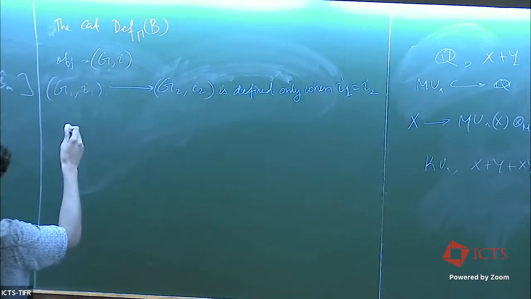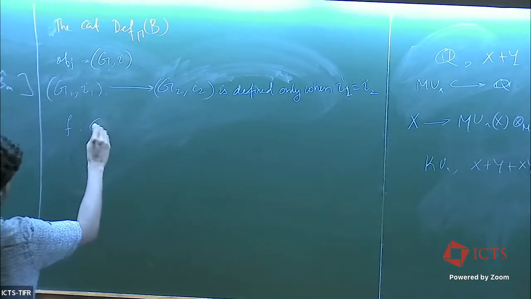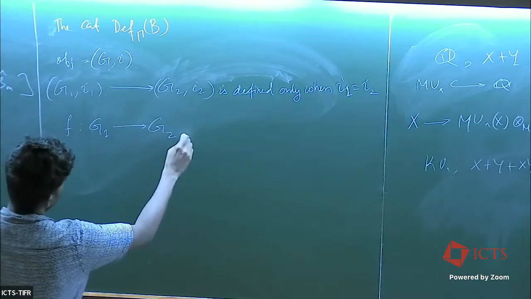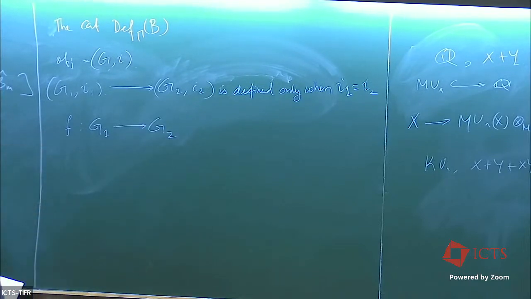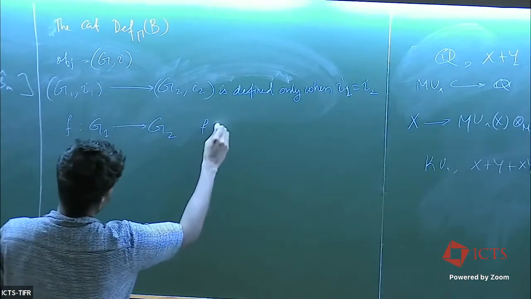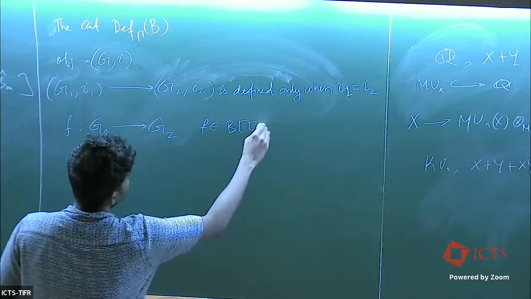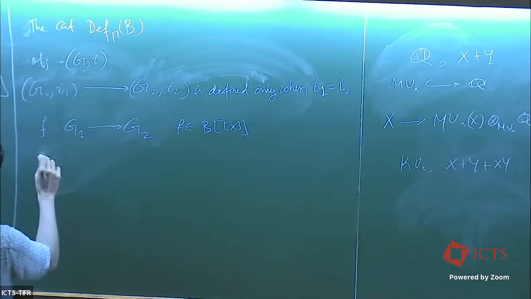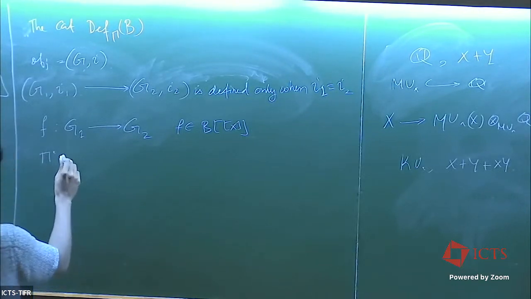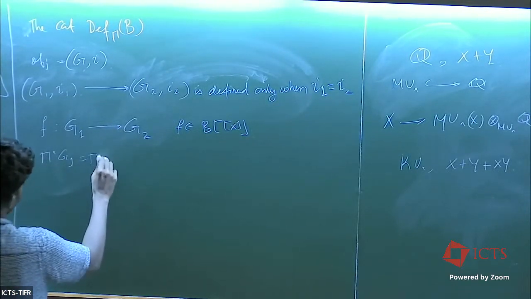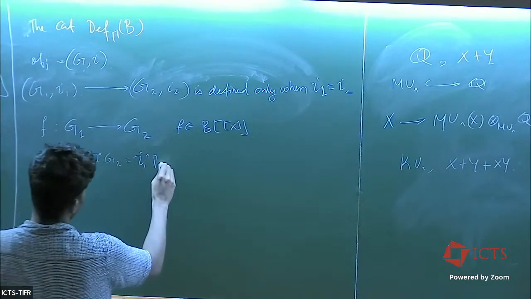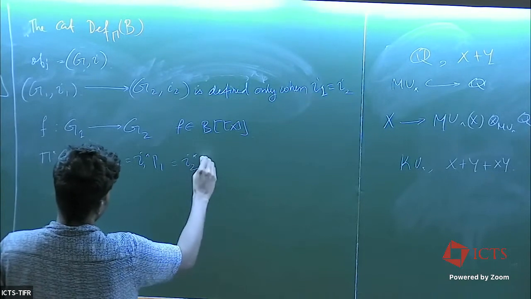a formal group law homomorphism from G1 to G2. So this f belongs to B[[x]], and such that you have this pi star of G1, which is pi star of G2, which is i1 star of gamma 1, which is i2 star of gamma 2.